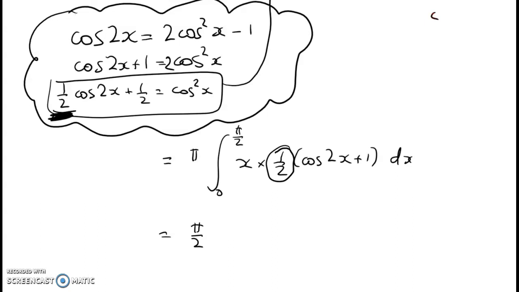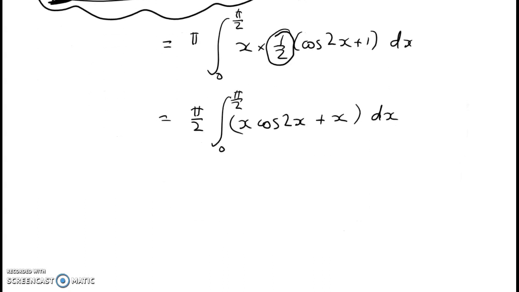So we get pi on 2 times the integral from pi on 2 to 0 of x cos of 2x plus x dx. One of those is going to be really easy and one's going to take a bit of work. So the first one, we're going to split this into two integrals.